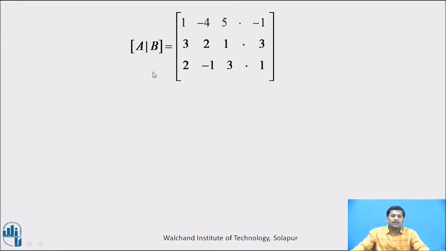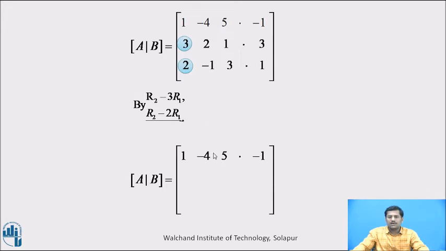Now we have to apply row transformations to reduce these two entries to 0. We will use row number 1 to convert these entries to 0. So we perform the row transformation R2 minus 3 R1, and to convert this entry to 0, we perform R3 minus 2 times R1. First of all, copying the first row as it is.